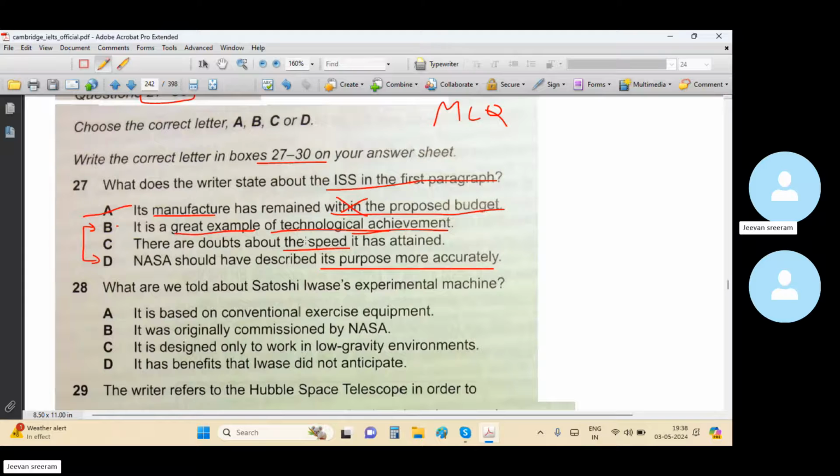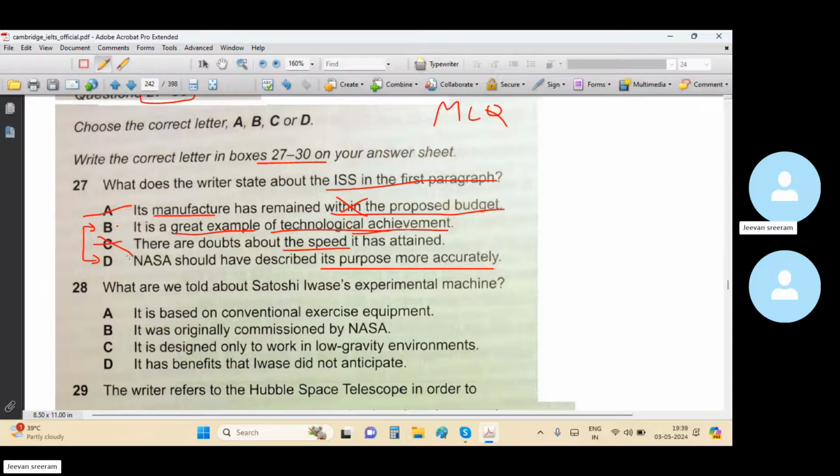No, it's just a detail given in the first paragraph. The author doesn't have any opinion about it. So there are no doubts expressed about its speed. The doubts mentioned are about its effectiveness as a lab, not about how fast it travels. And the doubt is also by critics, not the author. So C also goes out.